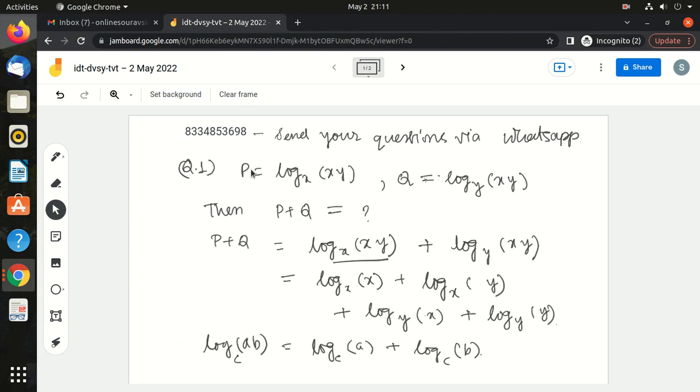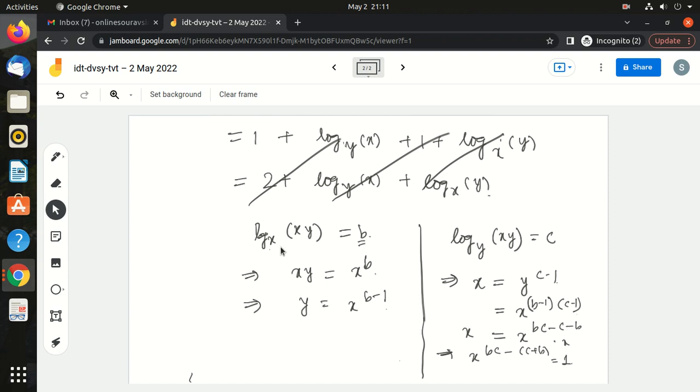Let me rewrite the question. This is not p, this is b, and this is not q, this is c. Forget all these things except the question. You do not forget this, and then you come back here. What is it saying? It's saying that log x of xy is equal to b. So I've just written it down. What does it mean by log x?